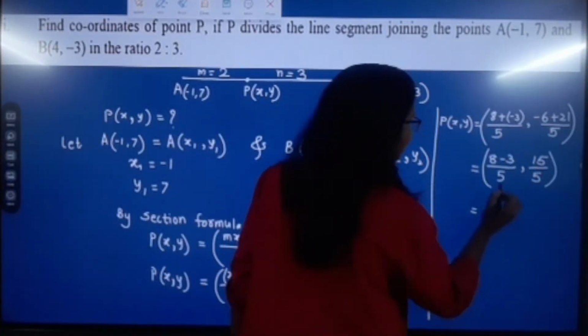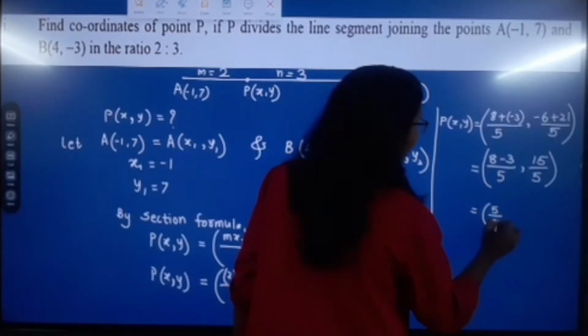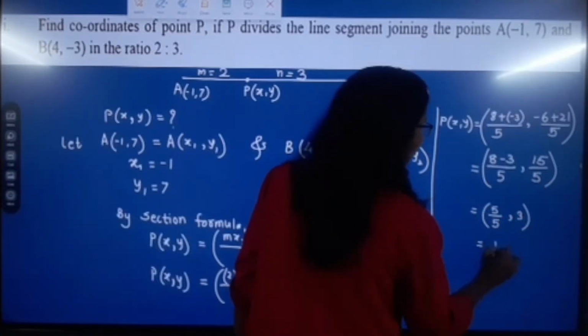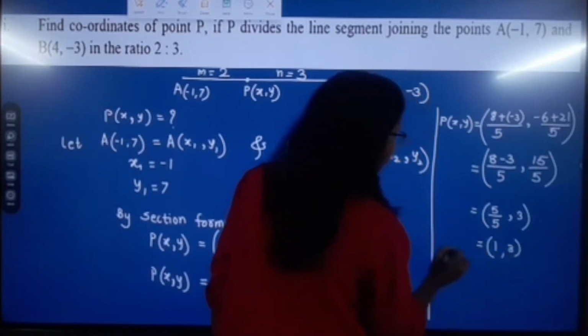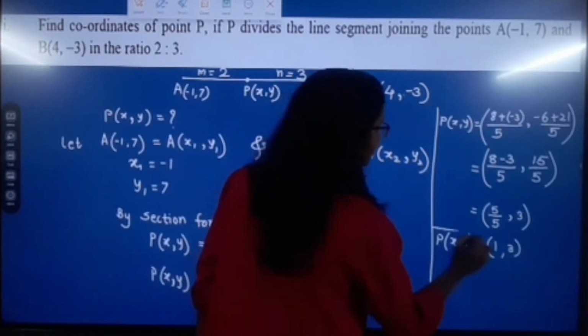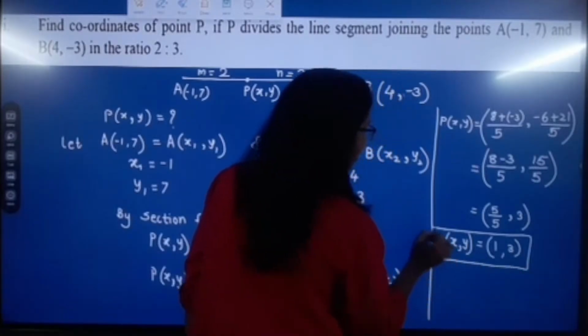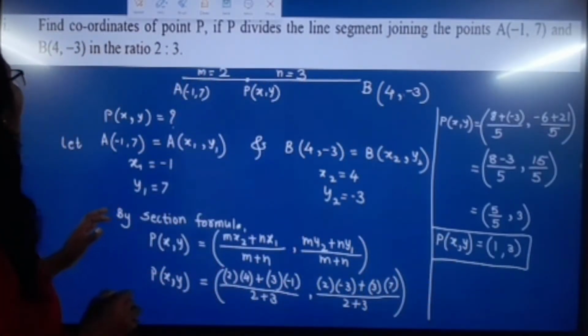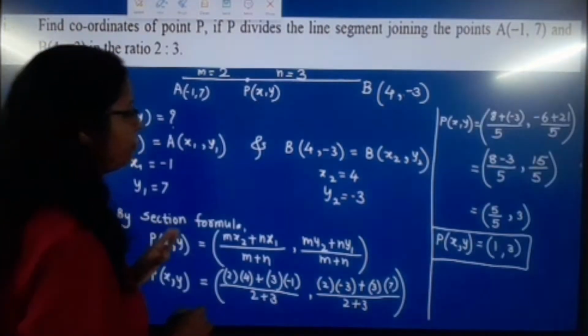And here 8 minus 3, that is 5, 5 upon 5, comma, 15 upon 5 is 3. So here P(x, y) is equal to (1, 3). So these are the coordinates of point P.